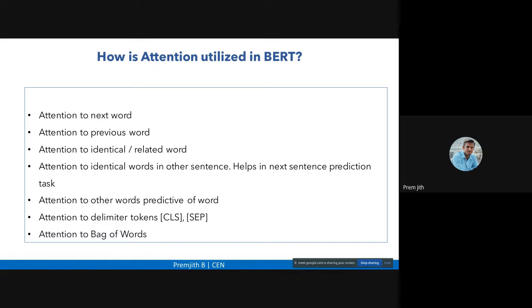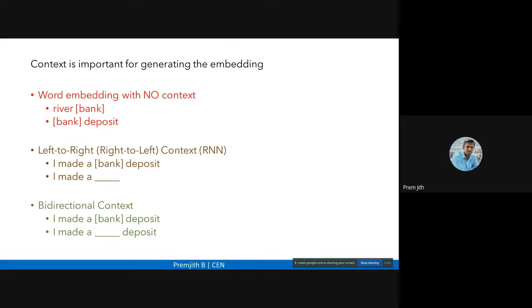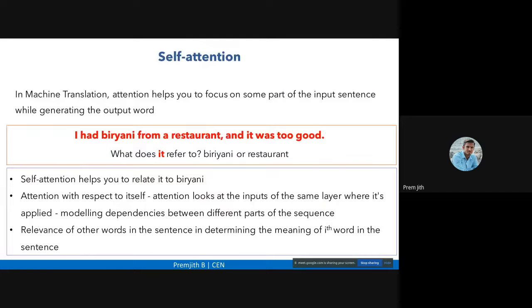Okay, attention to identical or related words. So for resolving the ambiguity and all, we have to do this operation. Attention to identical words in other sentences helps in next sentence prediction tasks. So in this example, I had a biryani from a restaurant and it was too good. Suppose you divide the sentence into two: I had a biryani from a restaurant, it was too good.